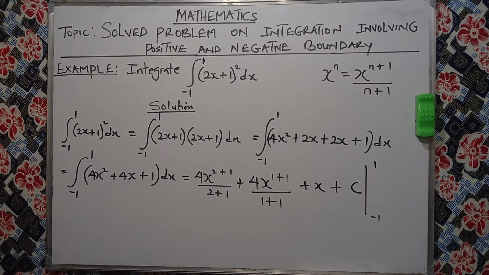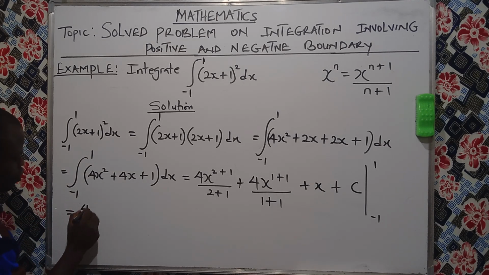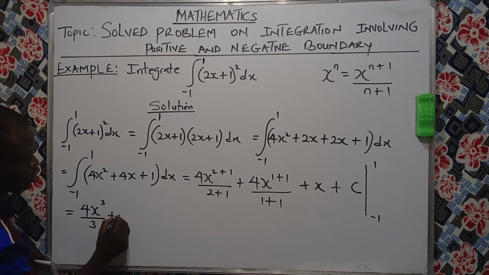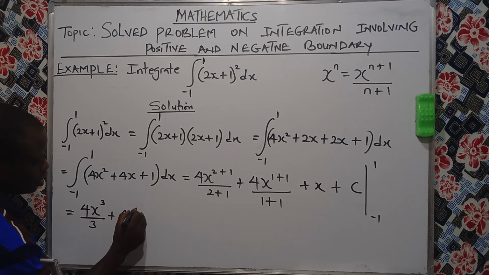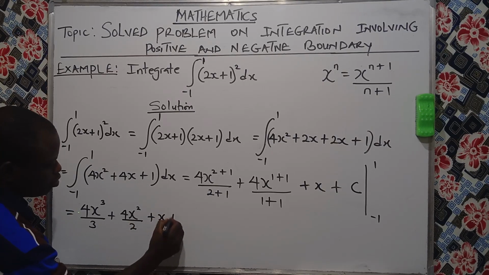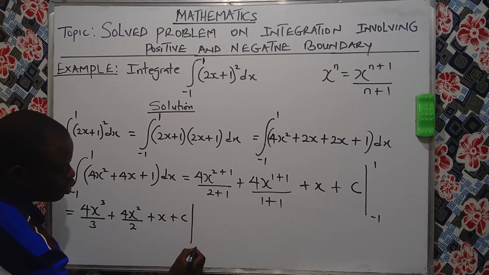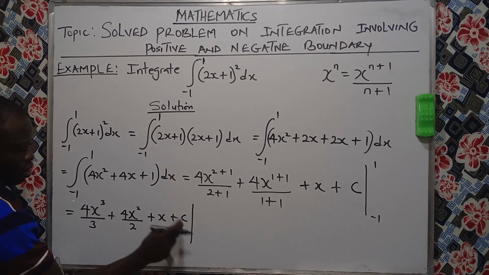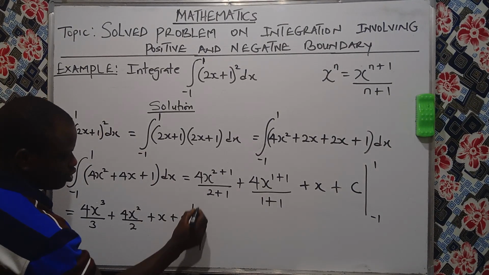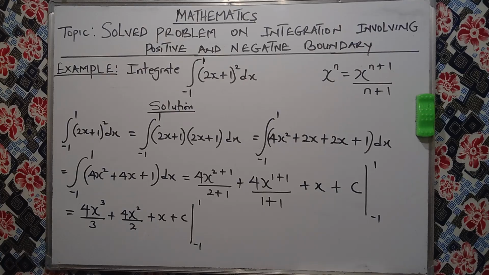From here, you now have 4x raised to power 3 over 3 plus 4x squared over 2 plus x plus c. This c is very important, but it will still cancel out, from -1 to 1. Now what you need to do is to put your values into x.